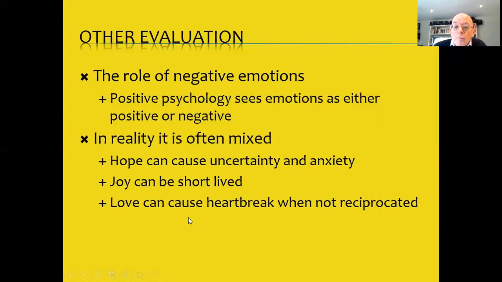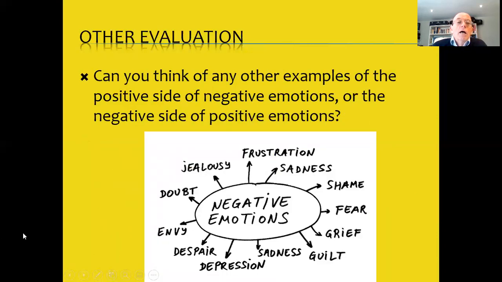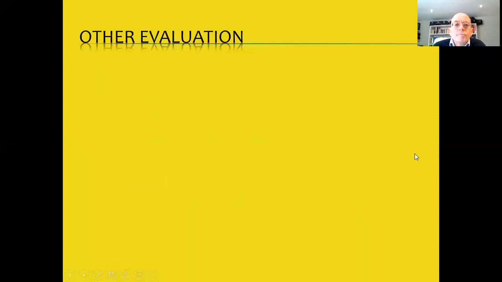Love, one of the most beautiful emotions that we can experience. If the other person doesn't love us, then that can be a heartbreaking experience. Like I say, anger can be positive if we need to assert ourselves. And then we've also got negative emotions that might have positive sides. So that's another thing to be thinking about.